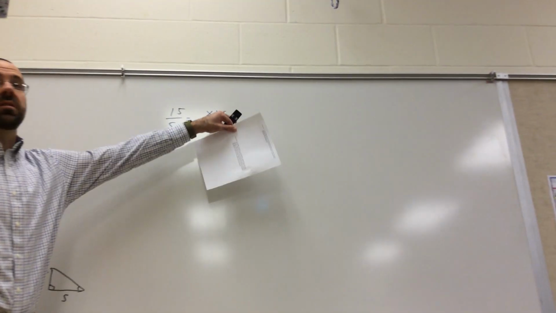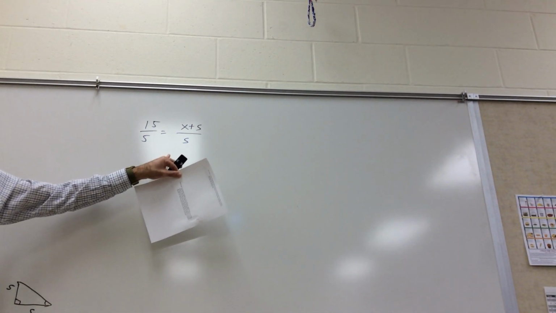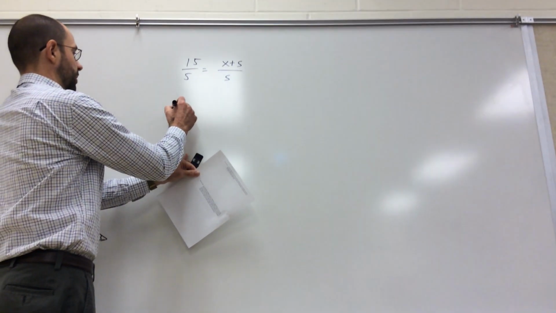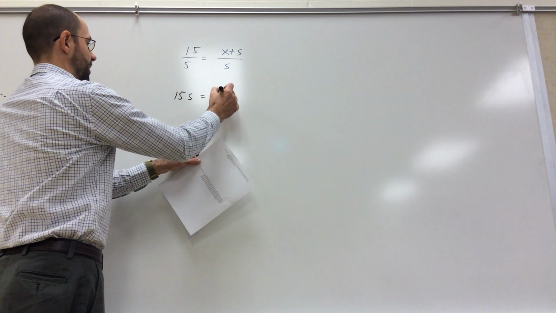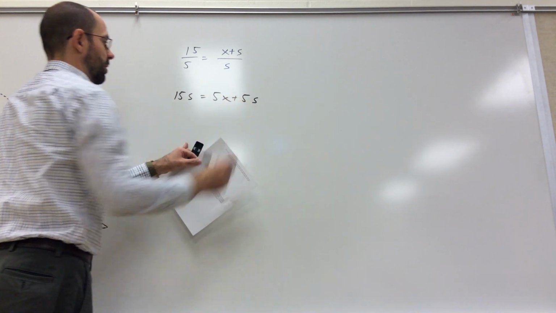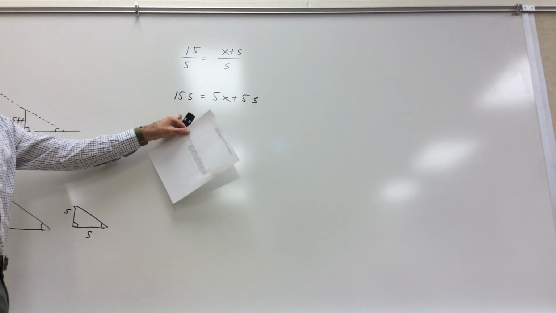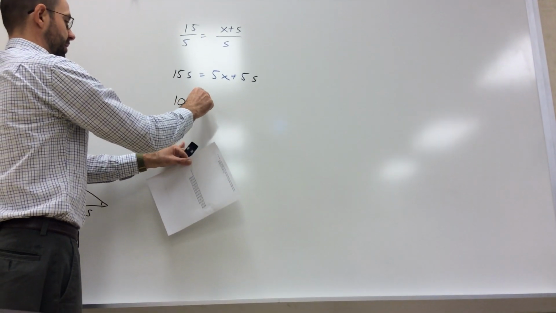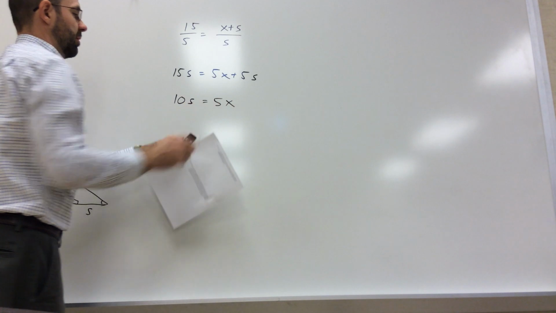These are s's. So then I'm going to cross multiply that. So 15s equals 5x plus 5s. And then subtract the 5s over. So 10s equals 5x.